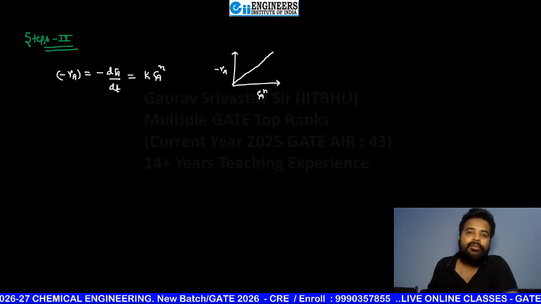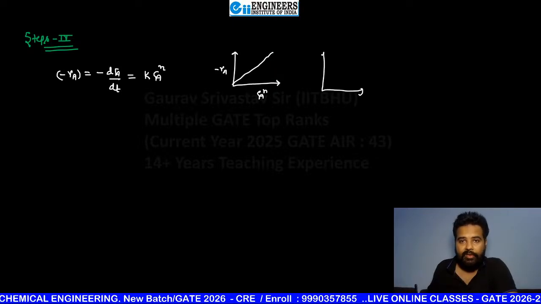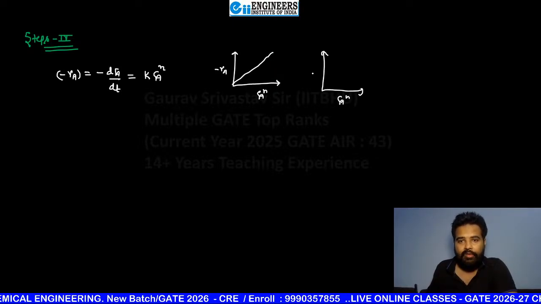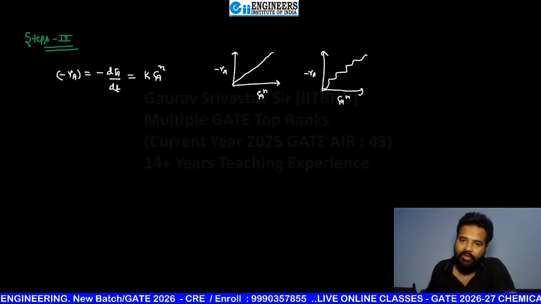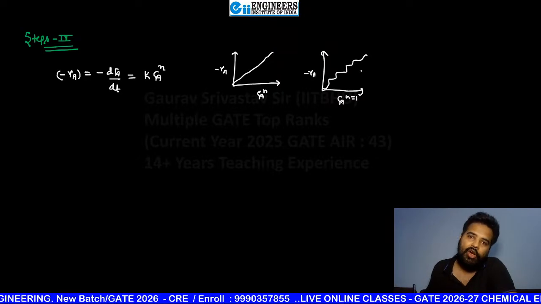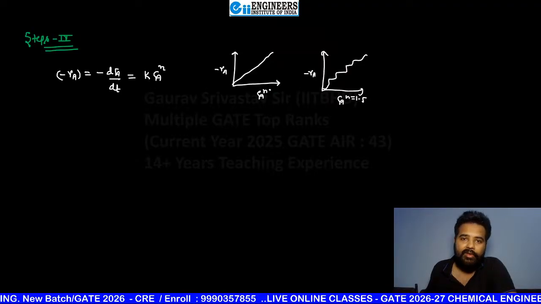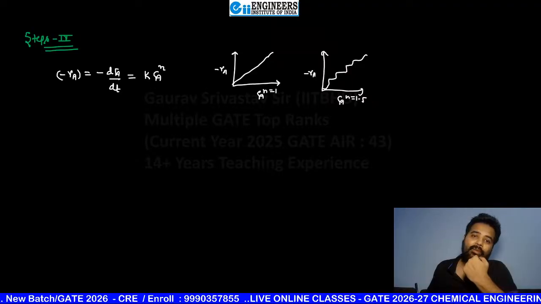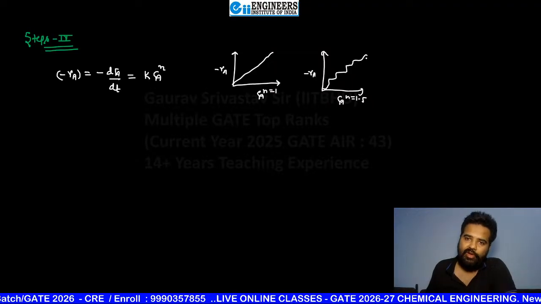It will be like this, a straight line. And if it is not like this, if it is like this, that means the n value that you assumed is not correct. If 1 is correct, then it will come like this. If you assumed 1.5, then it will not be a straight line.